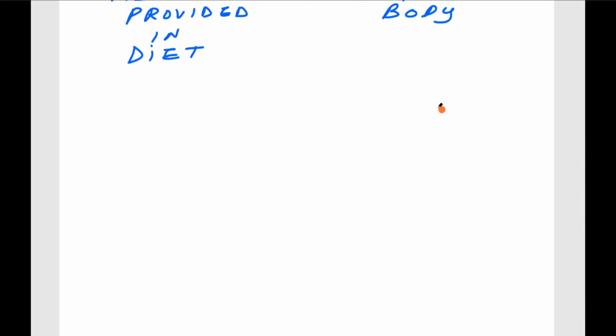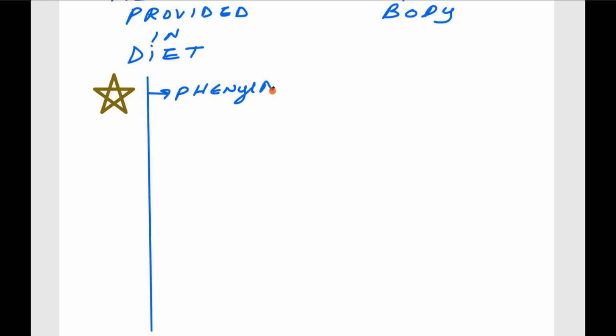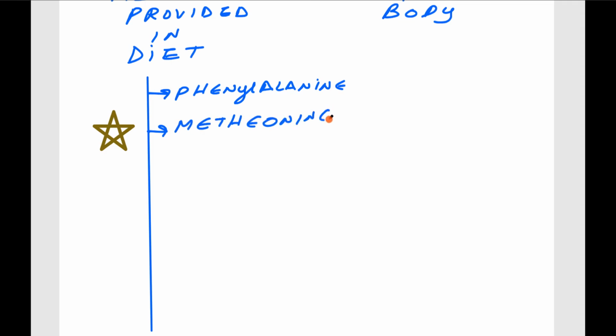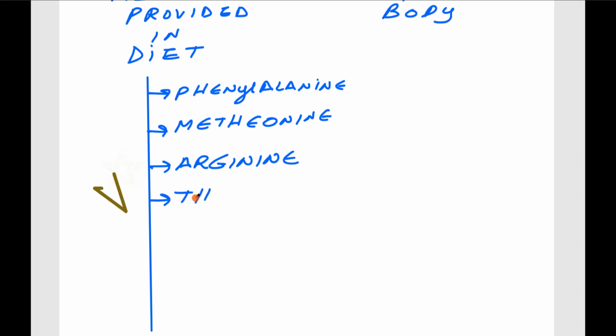First, we will take up the various essential amino acids. Let us see. The first one is phenylalanine. The second one is methionine. The third one is arginine. The fourth one is threonine.